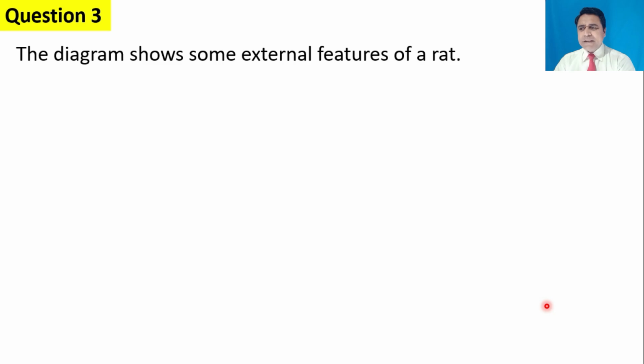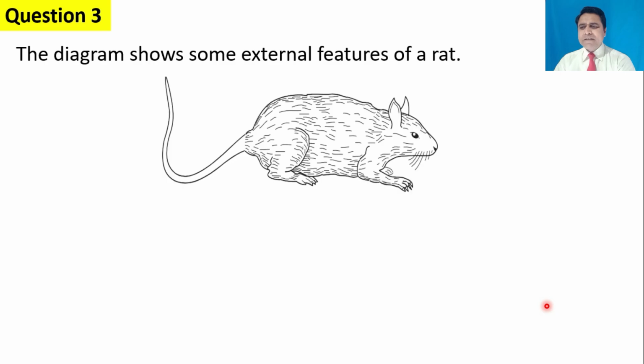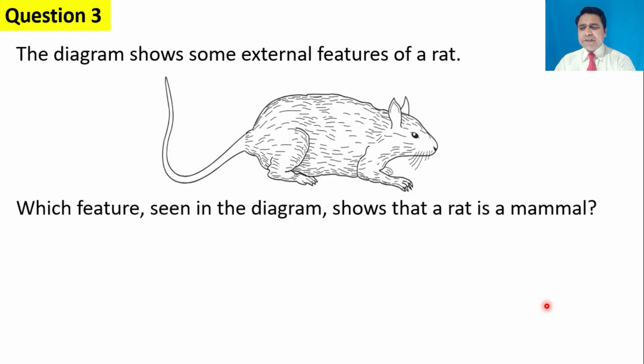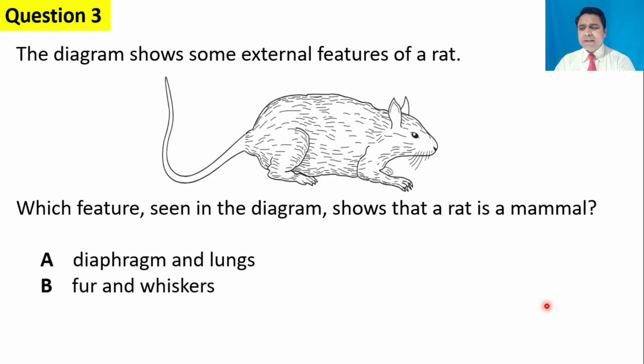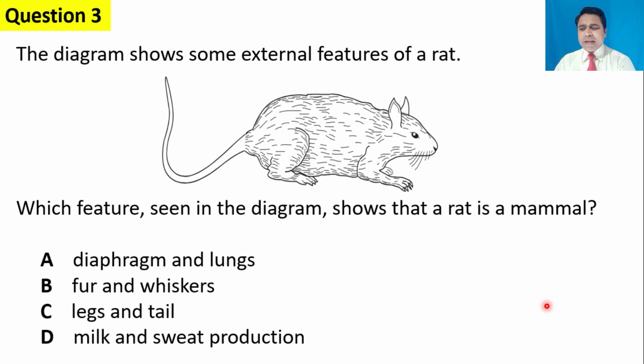Question 3. The diagram shows some external features of a rat. This is a rat. Which feature seen in the diagram shows that a rat is a mammal? A, diaphragm and lungs. B, fur and whiskers. C, legs and tail. D, milk and sweat production.